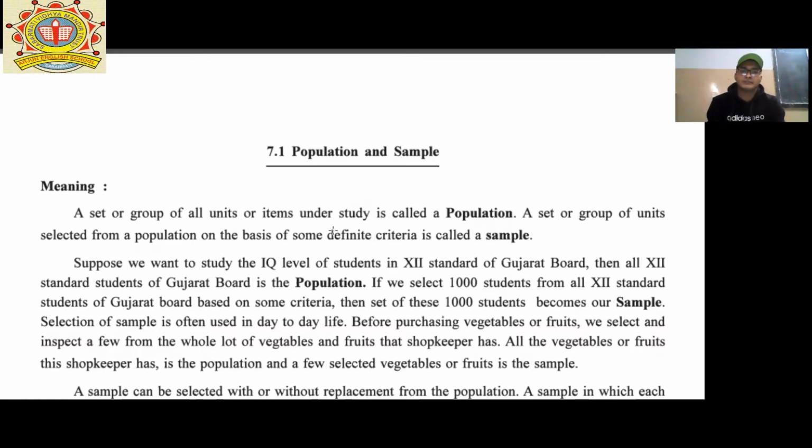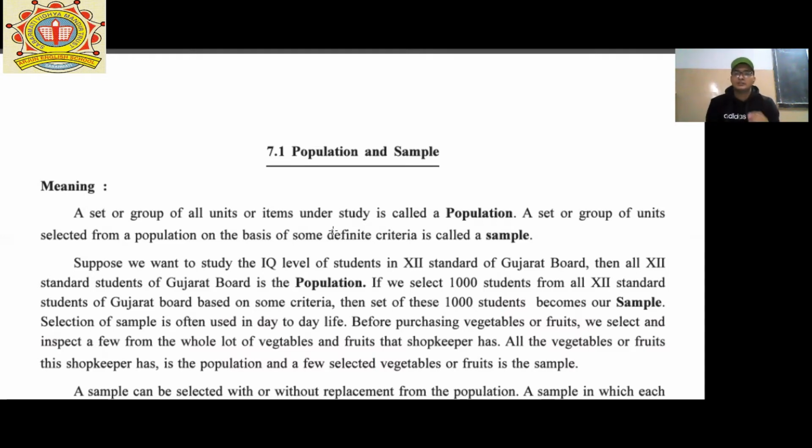It means the group of all units that we have to study. If I want to apply the sampling techniques on 11th standard, then let's assume in 11th standard the total number of students is 30. So my population size is 30.